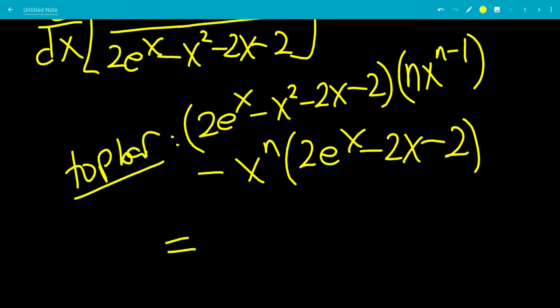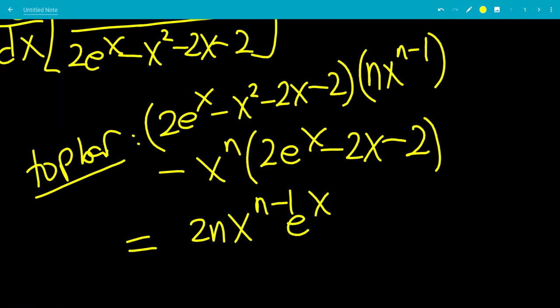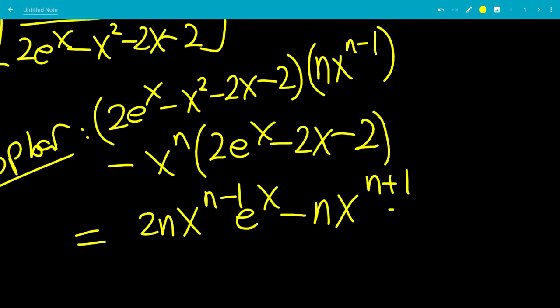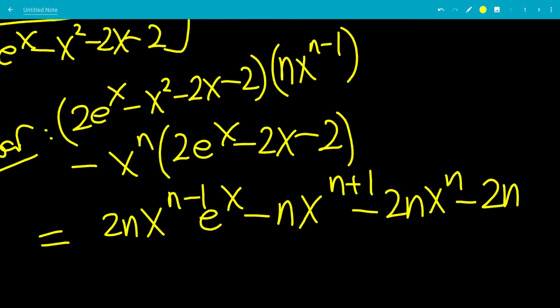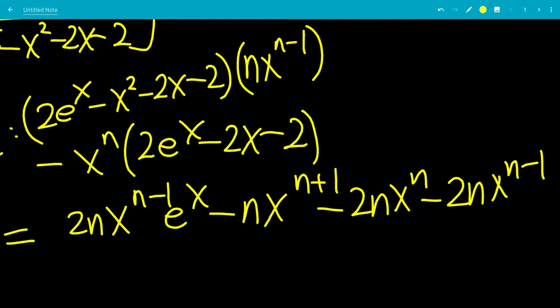So we're going to have 2n x to the n minus 1 times e to the x. Got to go slow about these things. Minus n x to the n plus 1, since n minus 1 plus 2 is n plus 1. We're going to have minus 2n times x to the n, because x to the n minus 1 times x is x to the n, then minus 2n x to the n minus 1.